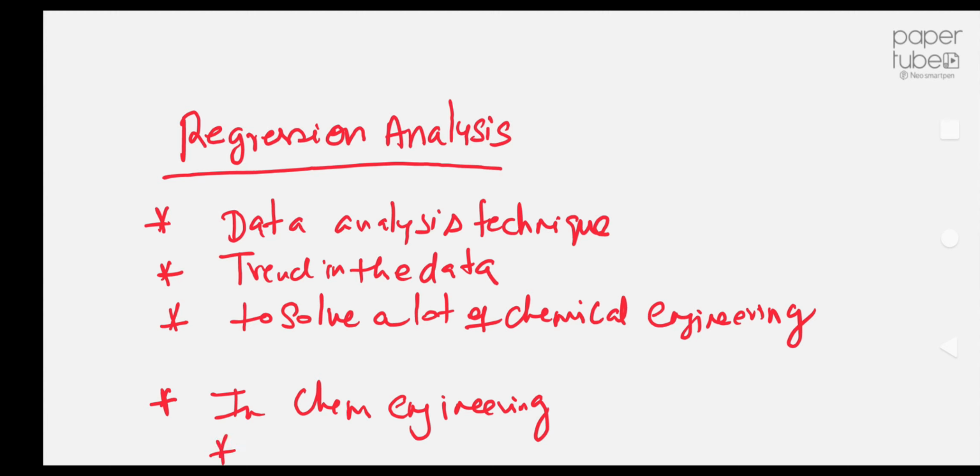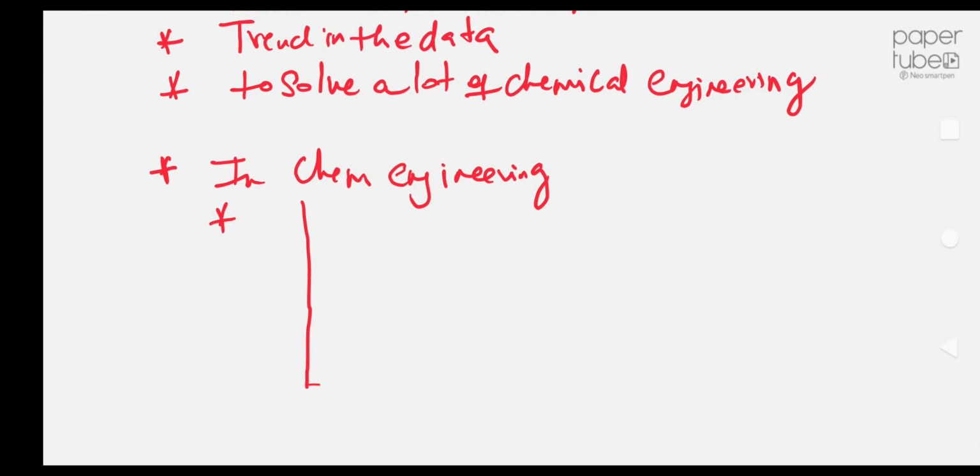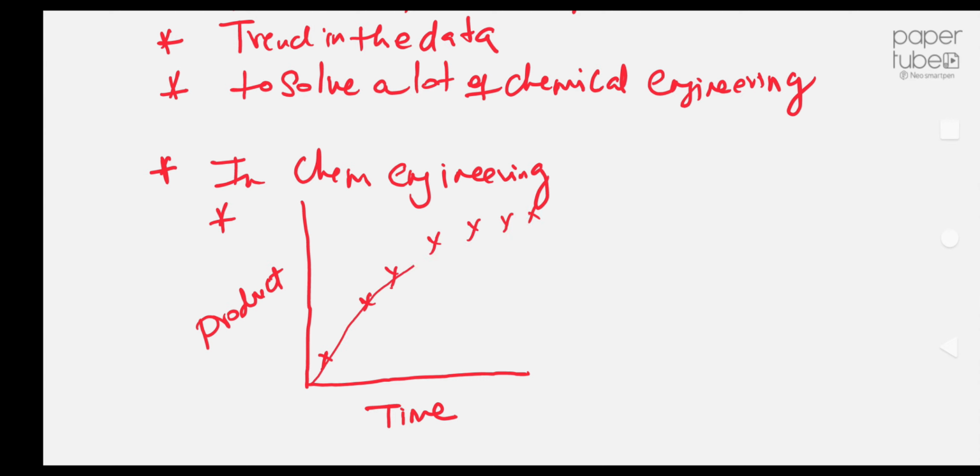For example, you may have some chemical reaction happening and you want to see how the product formation changes with respect to time during the course of the reaction. Imagine you also have some analytical method that allows you to measure how your reactant concentration changes with respect to time during the reaction.